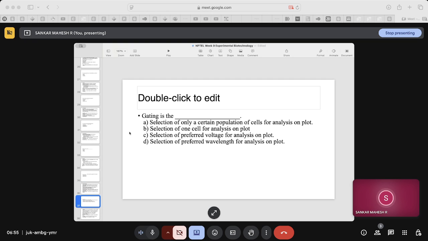The last question is, gating is the dash selection of only a certain population of cells for analysis on plot, selection of one cell for analysis on plot, selection of preferred voltage for analysis on plot, selection of preferred wavelength for analysis on plot. This is again relevant to flow cytometry.